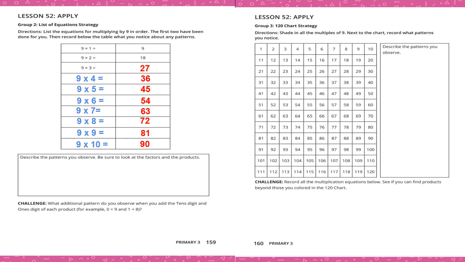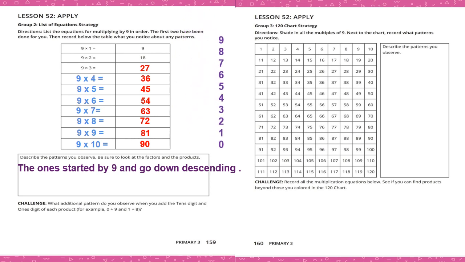Okay? Here, we wanted to know another way or another strategy to get also the results of table 9. Like this. Describe the patterns you observe. Be sure to look at the factors and the products. The ones started by 9 and go down descending, okay?